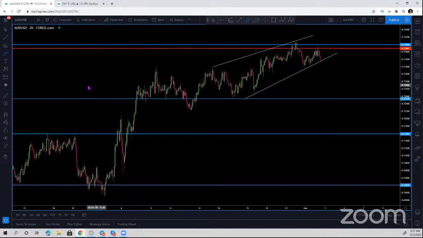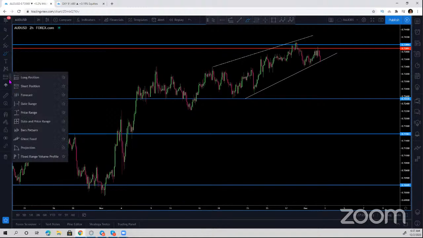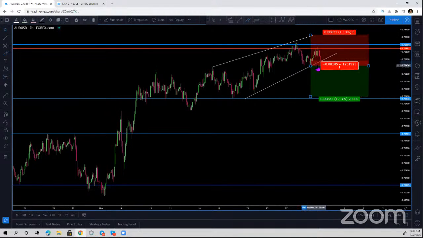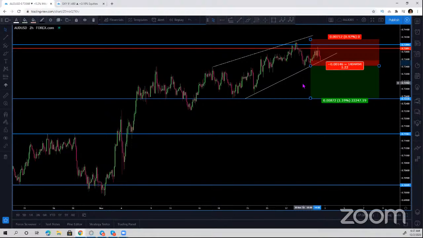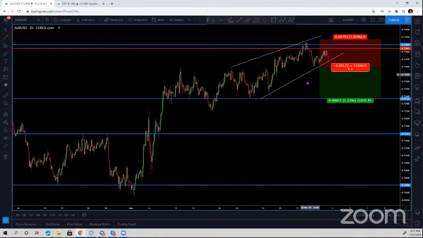But I don't think that this trade idea gives us a good risk to reward ratio to first target. It's only a 1 to 1.22 risk to reward ratio, even lower, right? It's almost a 1 to 1 risk to reward ratio to the first targets.